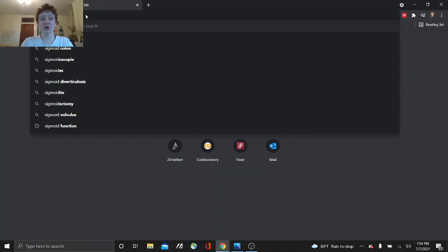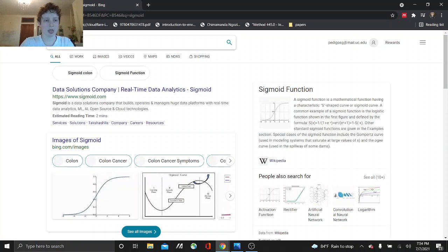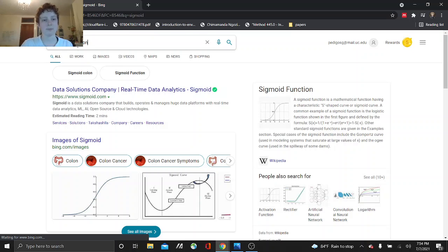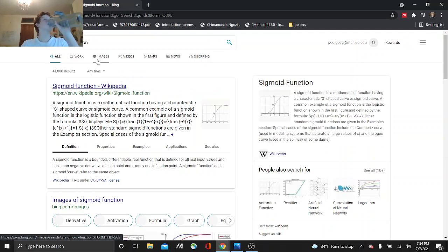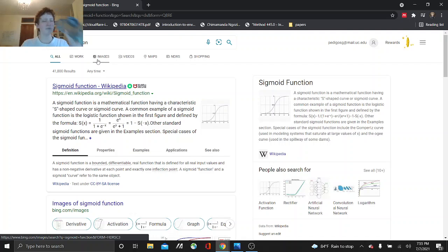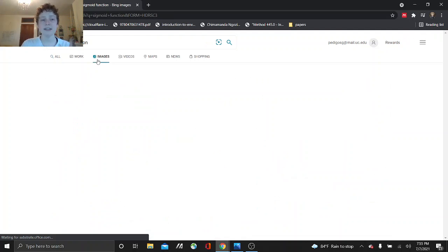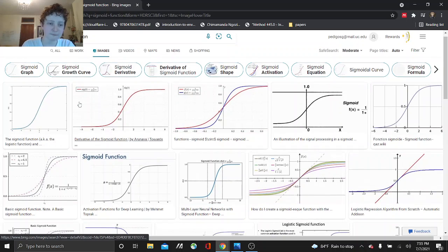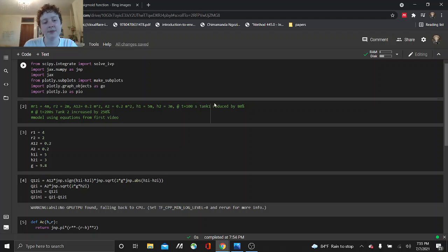I'm going to show you basically a sigmoid function. Well, it still came up. Basically, what we're going to be looking at is we want to see what happens at these specific times and at these specific changes in flow rate.